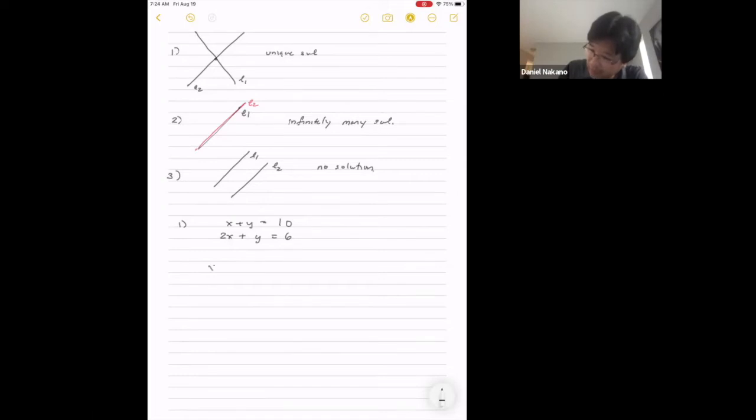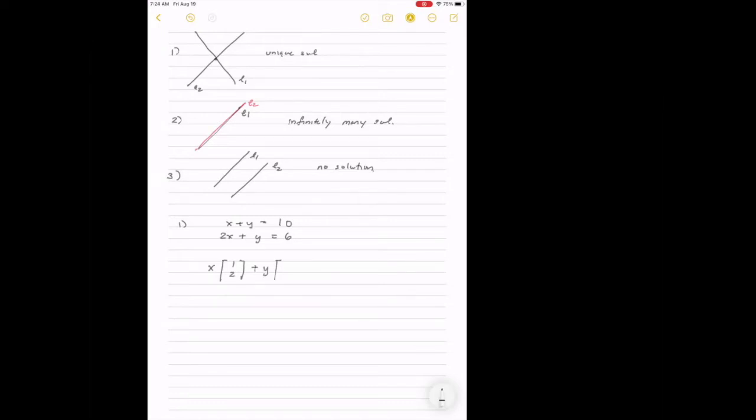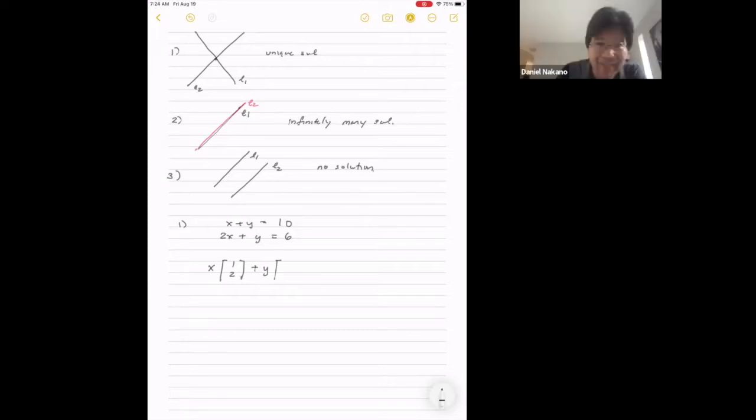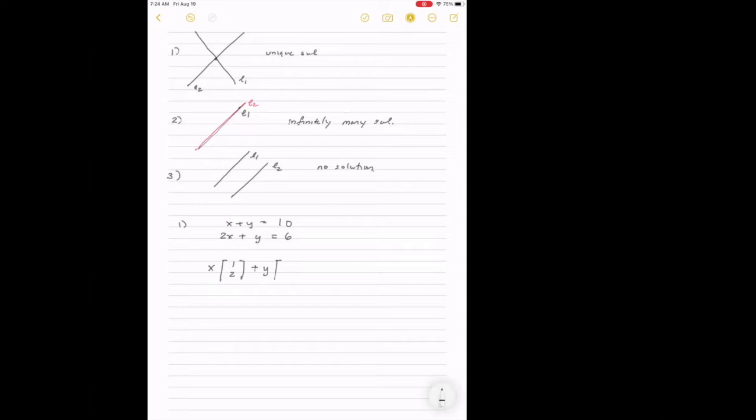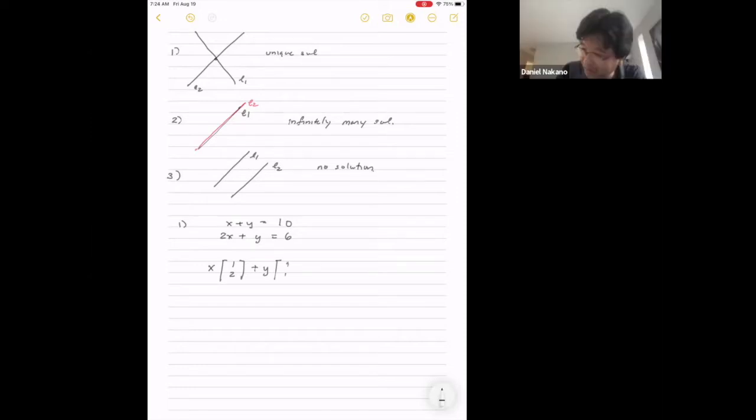So we have x times (1, 2). And then we pull the y out and we get the vector. What vector do we get? Anyone out there? (1, 1). Excellent. Very good. And that's equal to (10, 6).